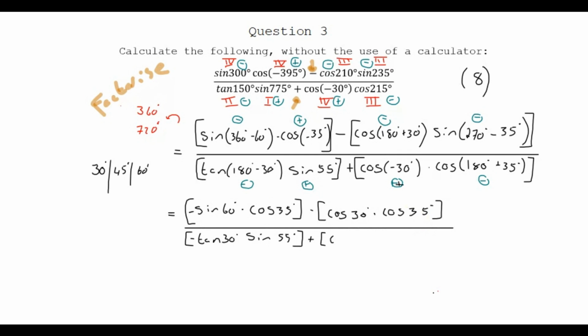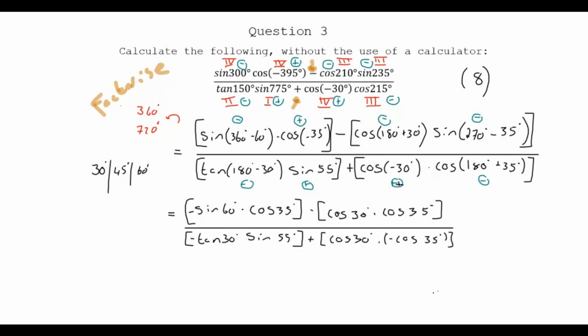So positive cos of 30 degrees multiplied by a negative. Let's put this in brackets quickly. Negative cos of 35 degrees. Now, when you factor something out in the numerator, you generally want to factor the same thing out in the denominator so they can cancel out. You want to get rid of them. They are the one thing you do not want to have left behind.